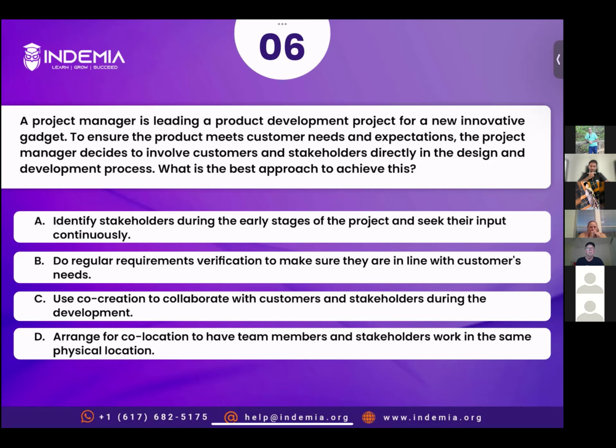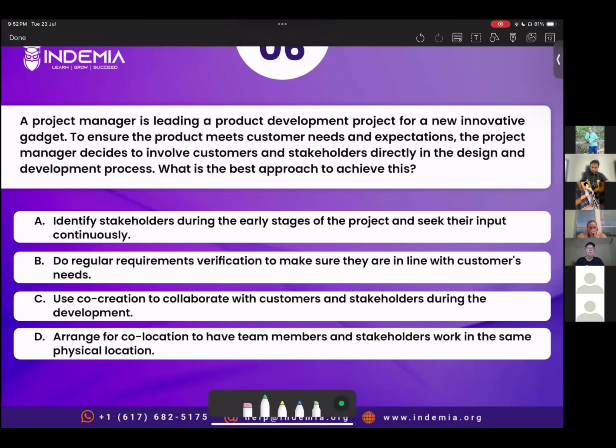But apart from that, if we read the question, it says the project manager decides to involve customer and stakeholder directly in the design and development process. So keywords are direct involvement. So we are directly involving customers and stakeholders in the development process. What is the best way to do that?